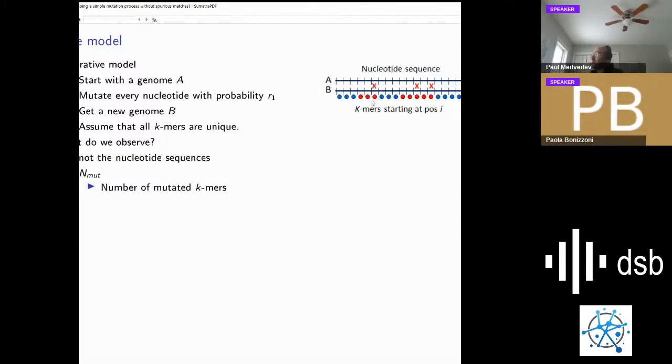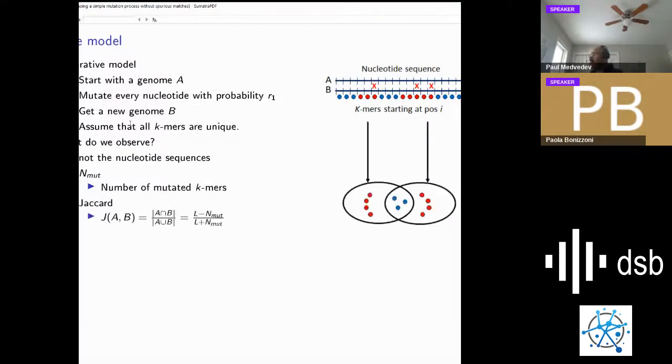So those kmers also became mutated, and in this case these 2 nucleotide mutations together jointly affected these 5 kmers. We can, for example, then observe the number of mutated kmers. In this case that would be 8, and that would be a random variable whose distribution is given by this generative model.